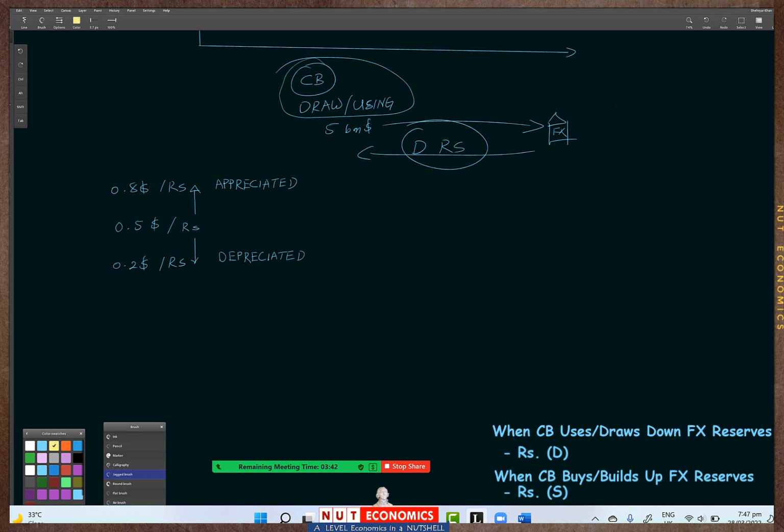Now the new thing that you want to know, once you know this difference between floating versus fixed exchange rate, ये जो terminology है ना, exchange rate appreciation and exchange rate depreciation, that is applicable to a free floating exchange rate.